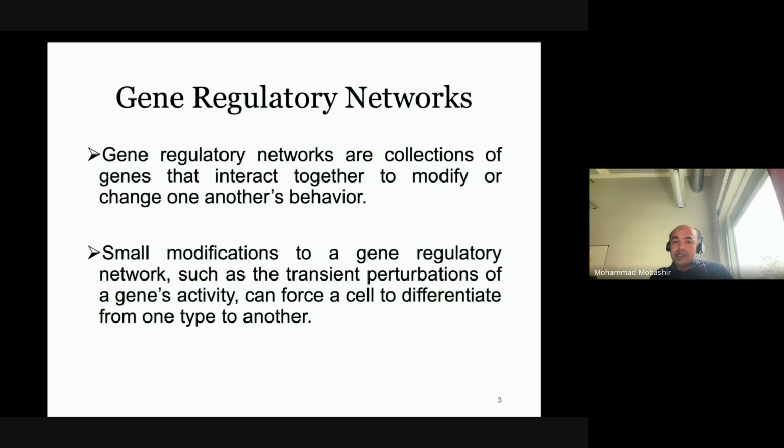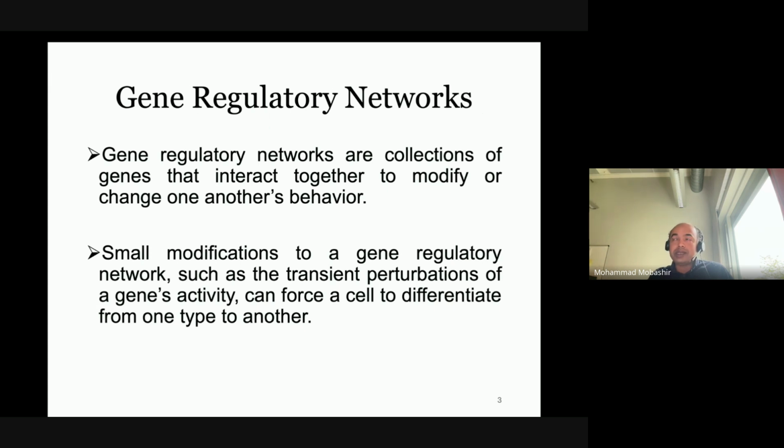Small modifications to a gene regulatory network could lead to big functional or phenotypic changes, such as transient perturbations.